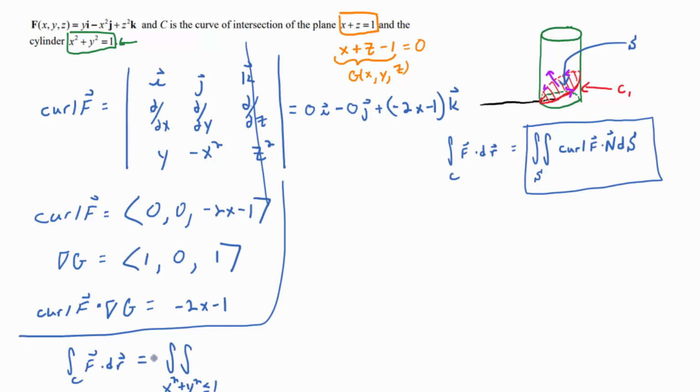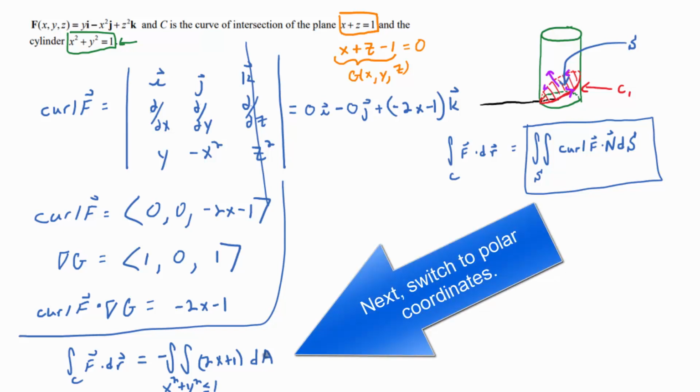So if I factor out a negative, what do I get? 2x plus 1. Whoops. And then dA. Yeah. Okay? Everybody comfortable with that? All right.